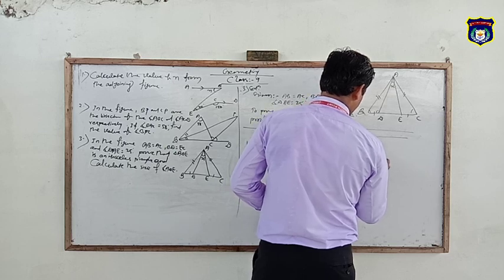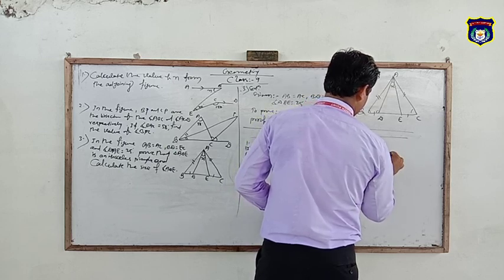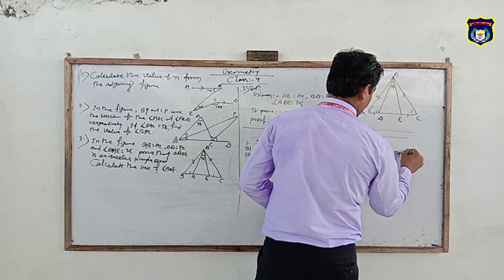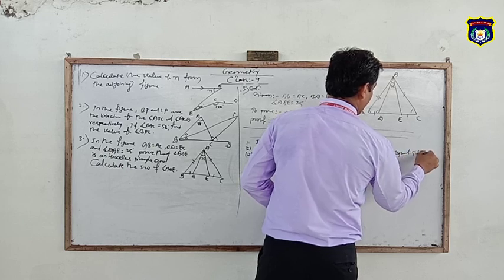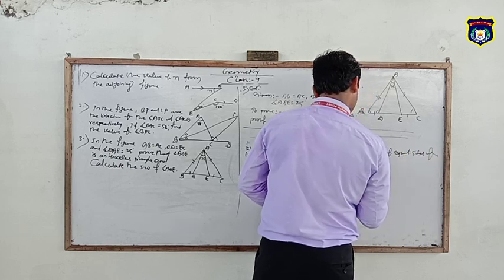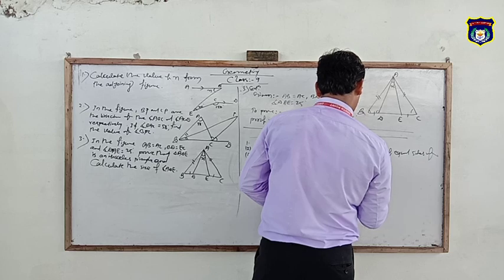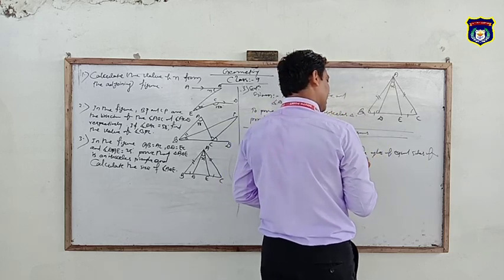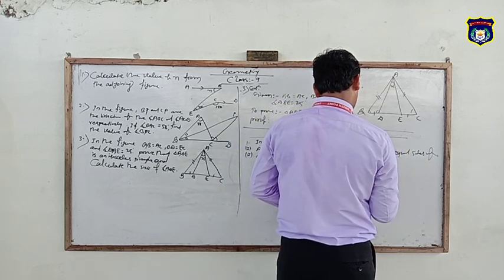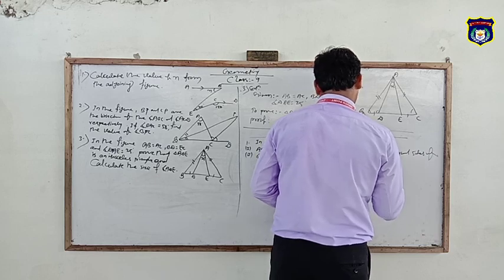Reason: opposite angles of equal sides of triangle ABC.